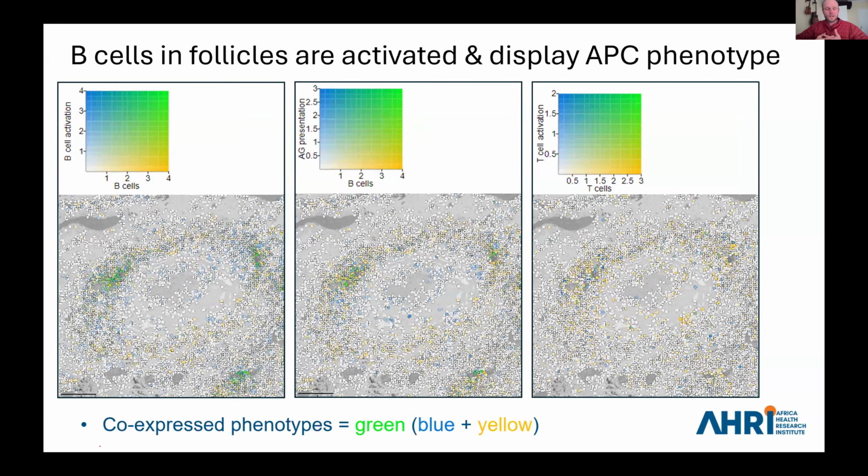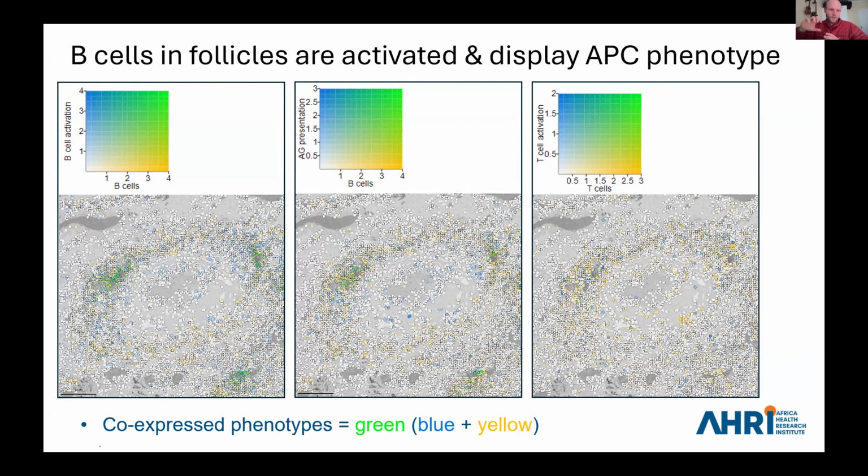So finally, another way of looking at it is you can look at co-expression of different markers or different transcripts. So what I looked at here is essentially just different B cell activation markers. So you can combine a whole list of transcripts that are associated with B cell activation. So that's what I've done here. The B cells are then stained in blue.